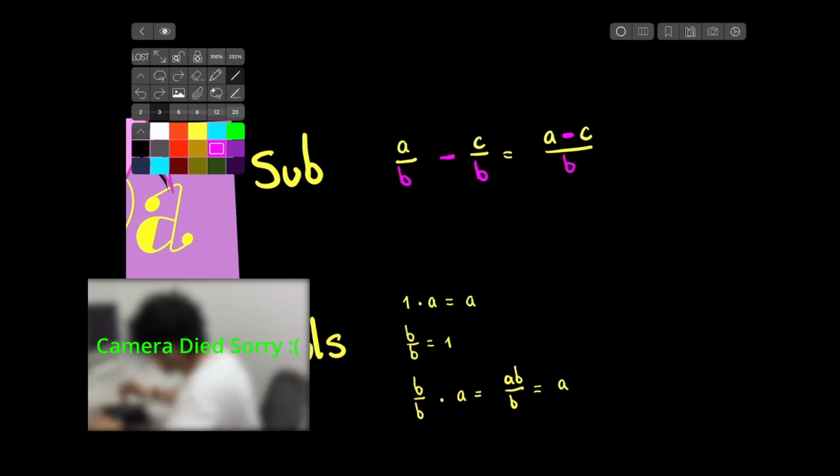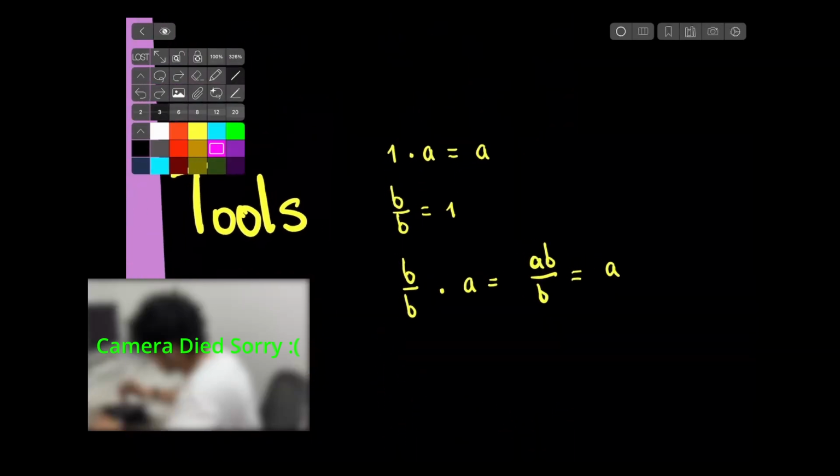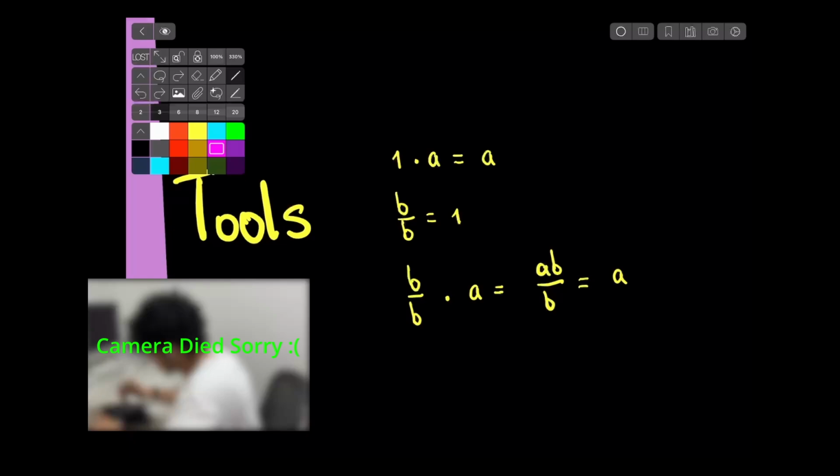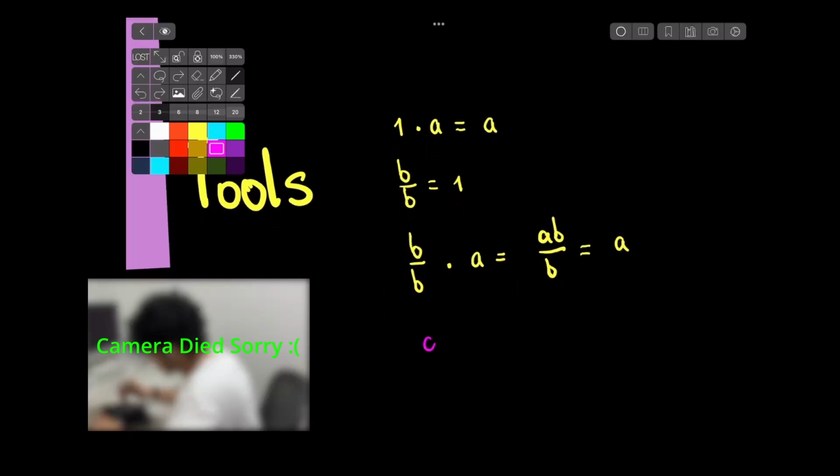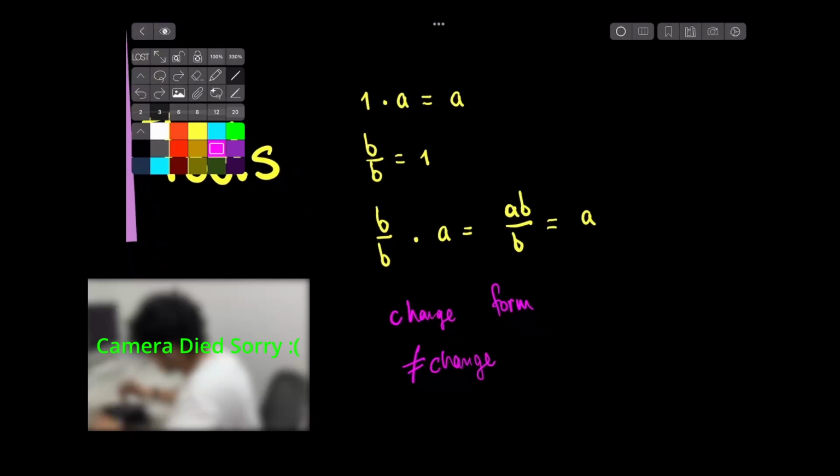If it's the same, then we can. And so we have to force it using these tools. That b over b times something, it's that same thing, that same a, but with a different form. We want to use these tools to change the form but not change the value.